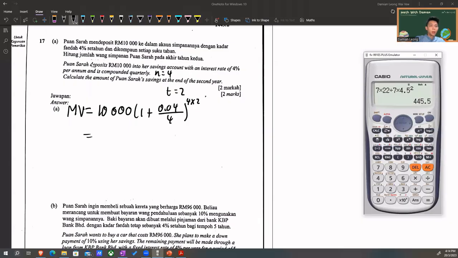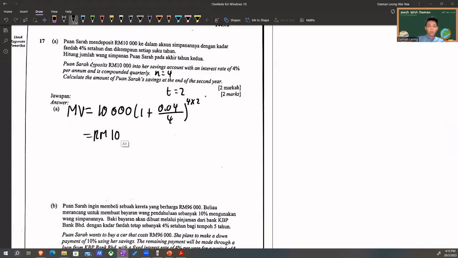Just use the compound interest formula: 10,000 bracket 1 plus 0.04 over 4, to the power of 4 times 2, which is 8. Power 8. So RM10,828.57.